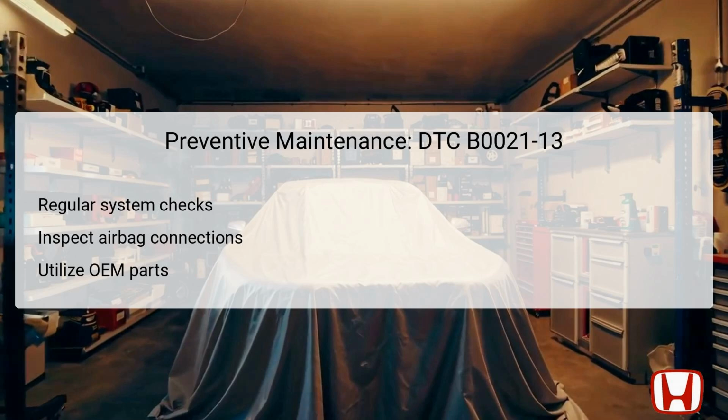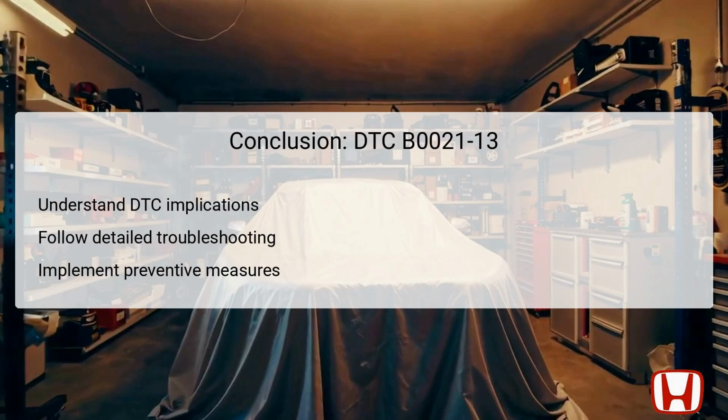Utilizing original equipment manufacturer (OEM) parts for replacements ensures compatibility and that systems will function as intended. By implementing a strict preventive maintenance schedule, vehicle owners can significantly enhance the durability of their airbag systems and contribute to overall vehicle safety.